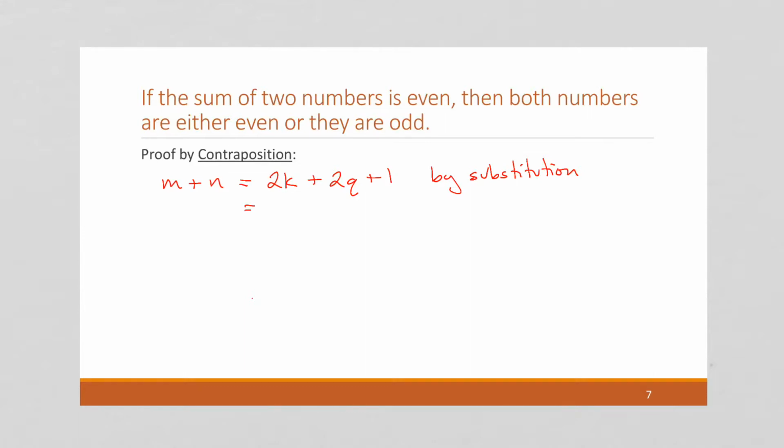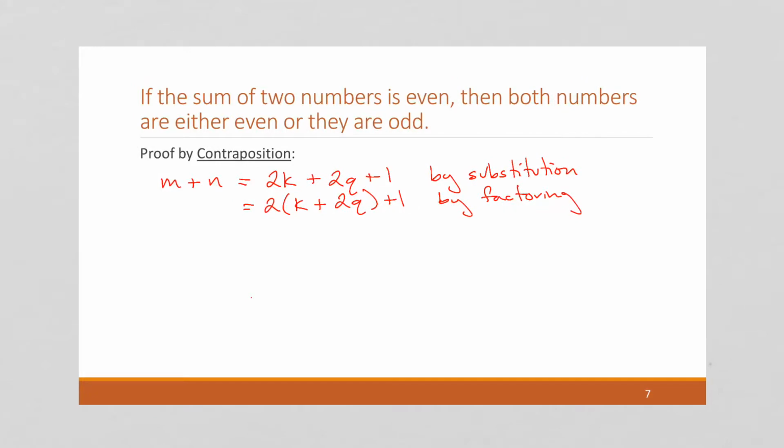And then once again, we can factor. And then we can assign a variable. Let r equal k. Ooh, I factored wrong, didn't I? This should be k plus q. I factored a 2 out. So let r equal k plus q.